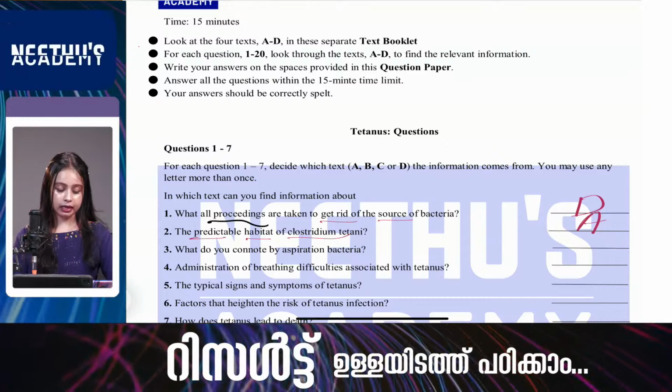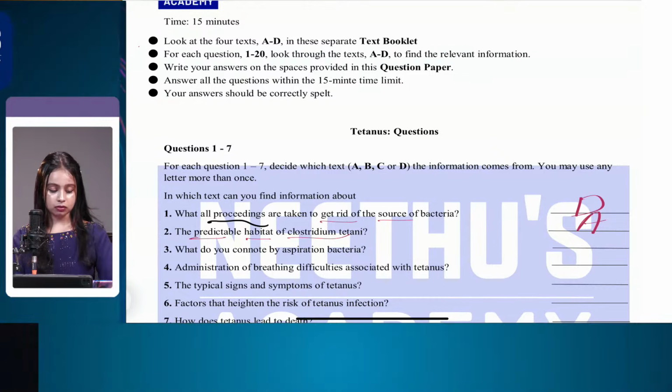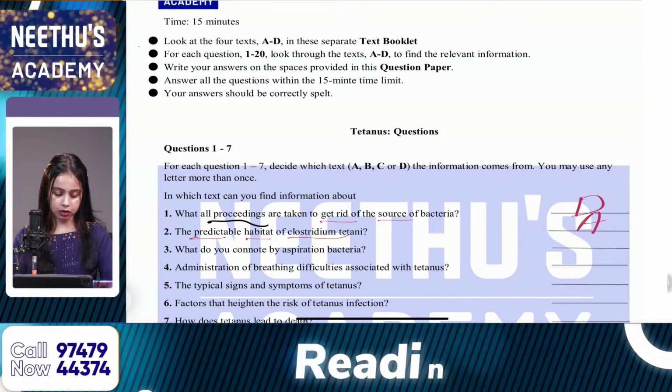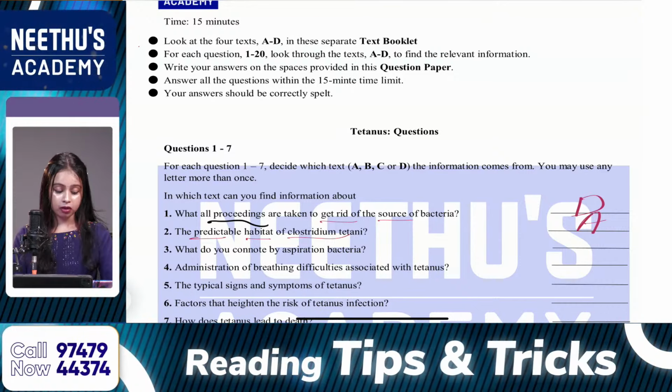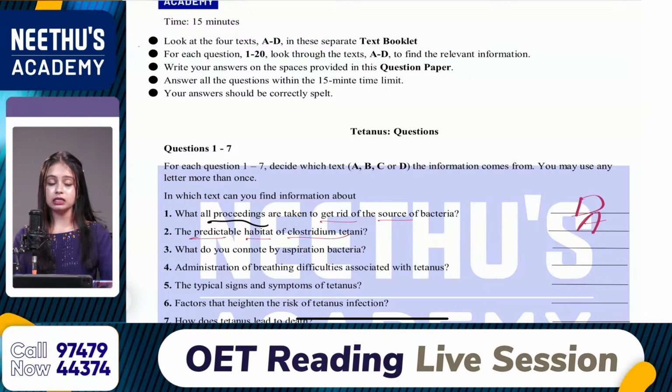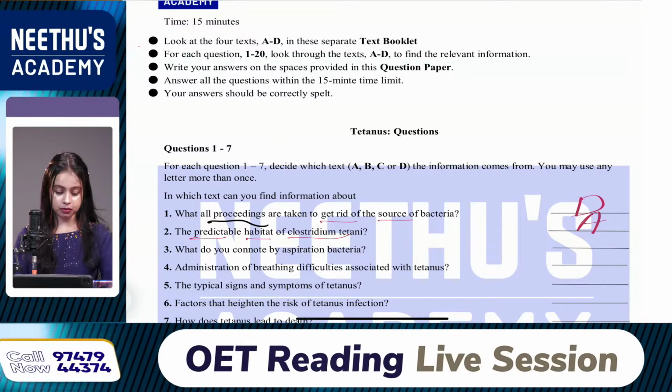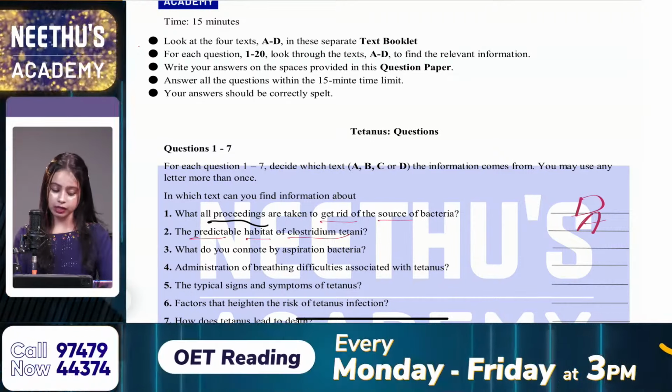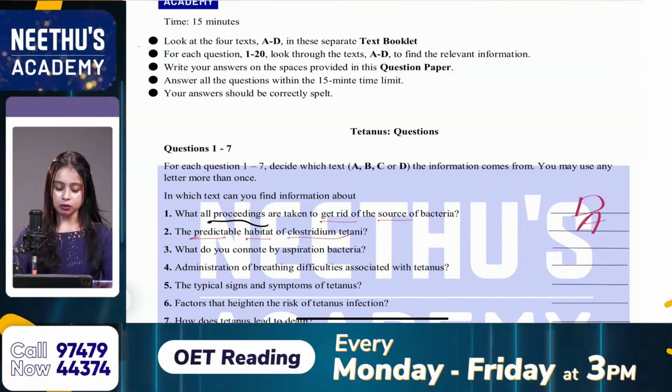Kavita, predictable, Clostridium. So let me know your answers. Reshma, Reba, Rijo, Megha, Tintu, Kavita. Reba, Lijo, yes, it is text A. Very good. Sarah, it is from text A. Very good, dear.